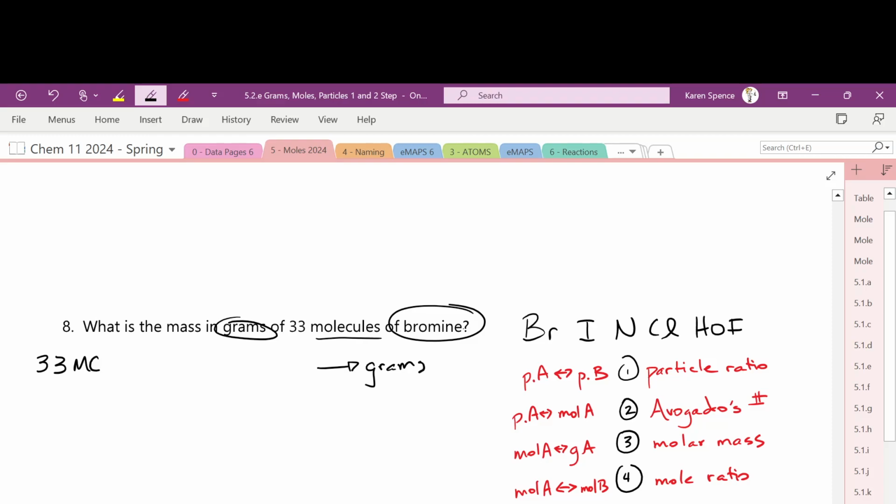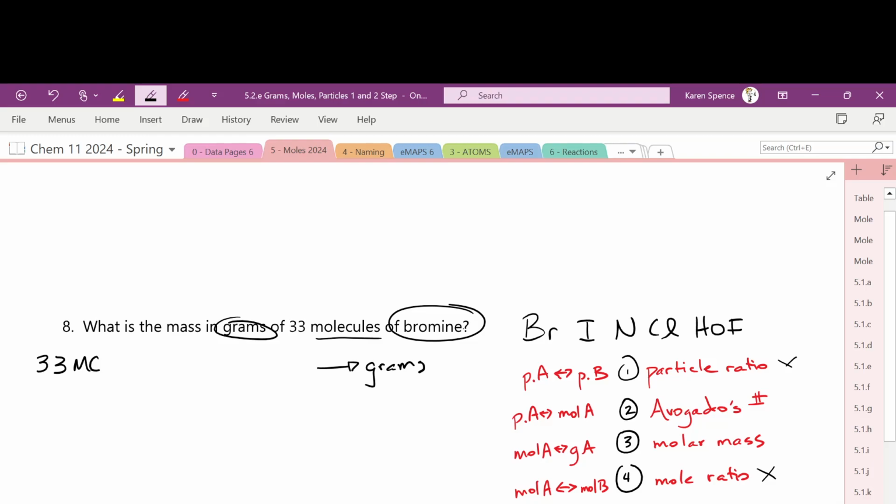We only have 2 conversion factors that involve particles: the particle ratio and Avogadro's number. Do we want to convert to particles of B, whatever that might be, or are we just sticking with bromine here? We're just sticking with bromine, so we don't need the particle ratio, we don't need the mole ratio. That's when we're changing between 2 different substances, okay?